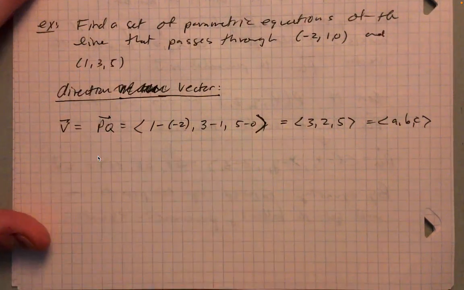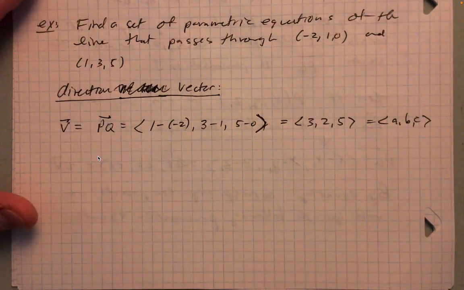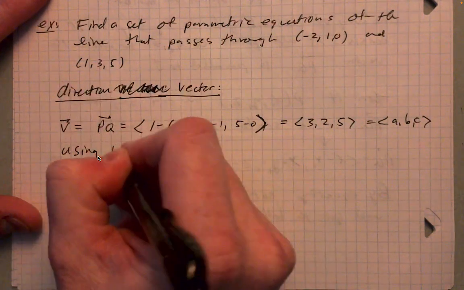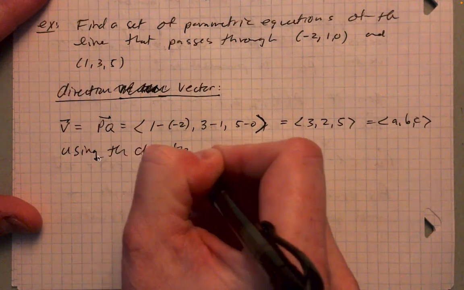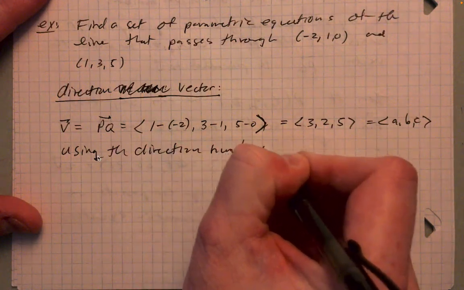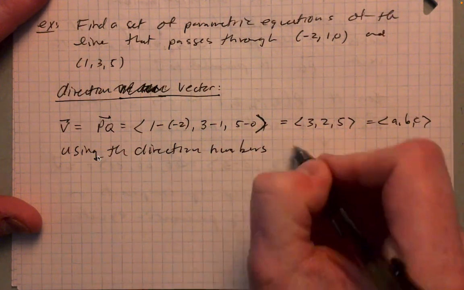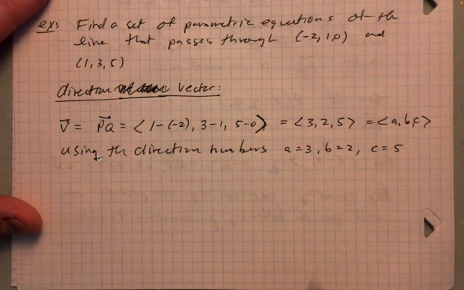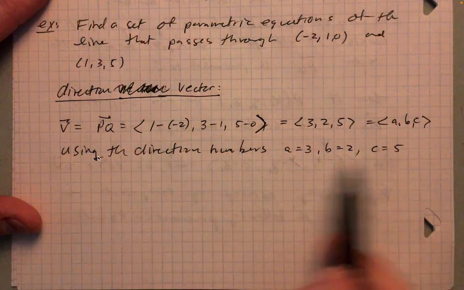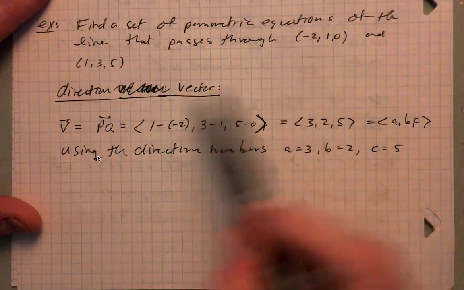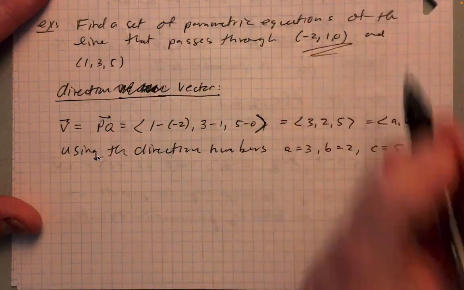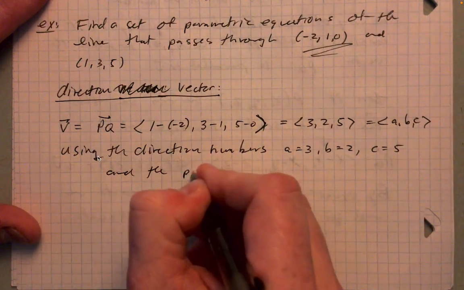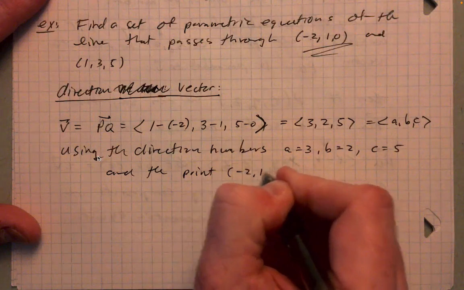Then what we want to do is write out the parametric equations using the direction numbers: A equals 3, B equals 2, C equals 5. We have to use that together with one of the two points. Let's just take the first one, -2, 1, 0.